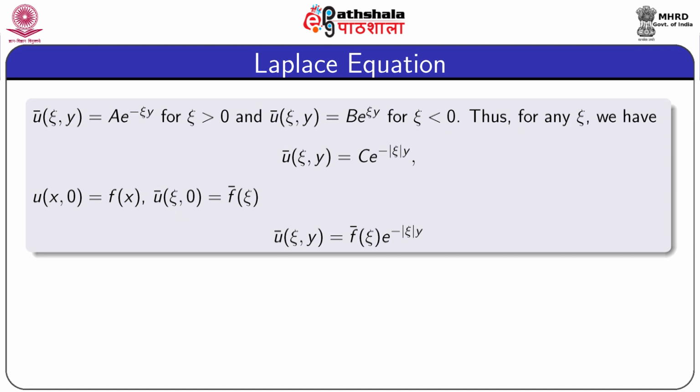Now, if we use this condition in the solution u bar equals c e to the power minus mod xi y, this gives the value of c equals f bar (xi). Now, substituting the value of c in the general solution, our required solution u bar, which is a function of xi and y, is equal to f bar (xi) into e to the power minus mod xi into y.